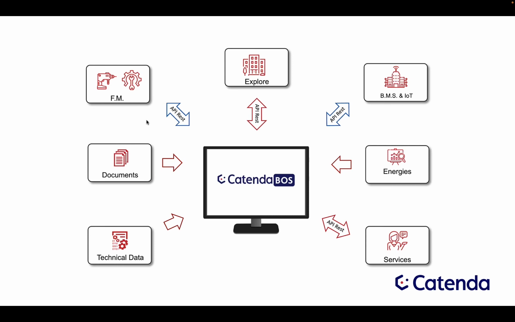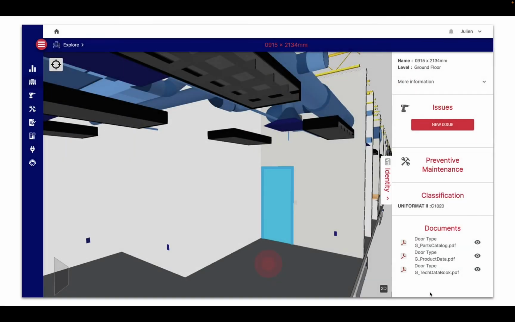So you have a system for facility maintenance with a ticketing system, and it's connected with an API. You have the Explore part, of course, that's the BIM engine in a way. And you also have the connectivity that is possible with actual building data and IoT data. So if you do that, you can have more than just the data from the handover.